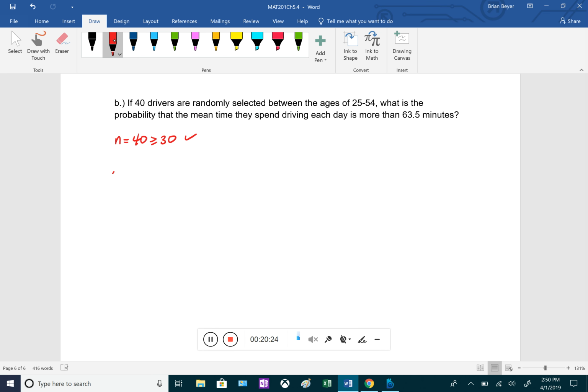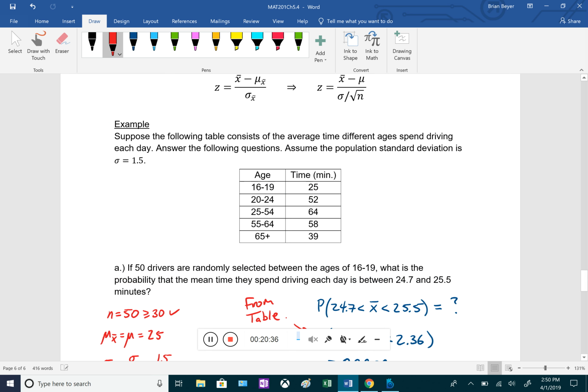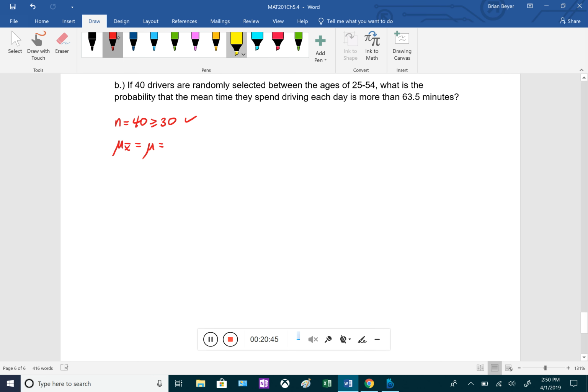And the mean of the sample means is going to be the population mean, which is the value on the table. So this is for the between 25 and 54 age group. So 25 and 54 is going to be right here. That's going to be an average of 64 minutes. So that one is going to be 64.